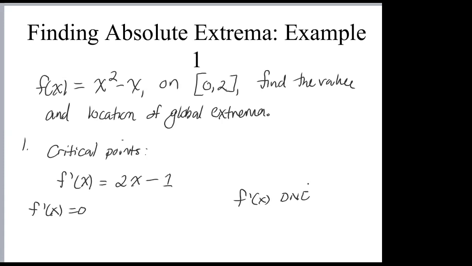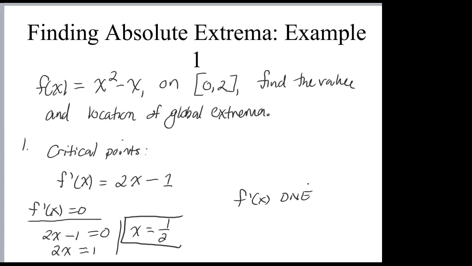Now look at those locations. Where f prime of x is equal to 0, I'm going to take that derivative, 2x minus 1, set that equal to 0 and solve. So 2x is equal to 1, which means x is equal to 1/2. That is one critical point, which I will denote as CP. This is one possible location for an absolute maximum or minimum.